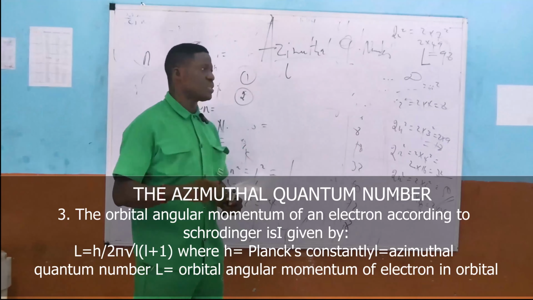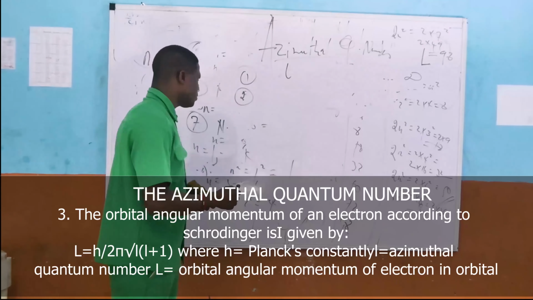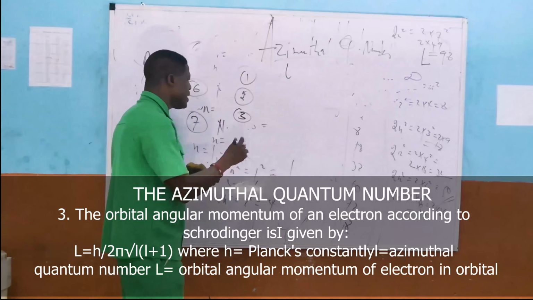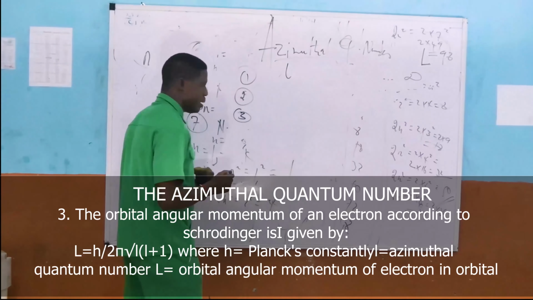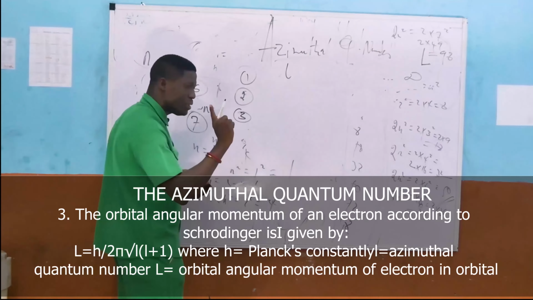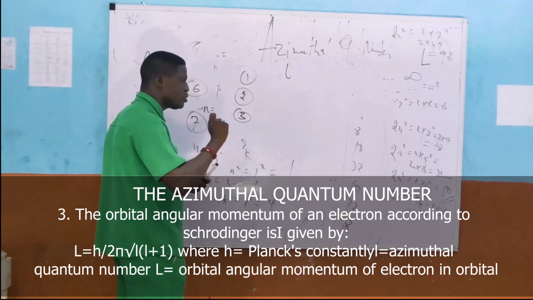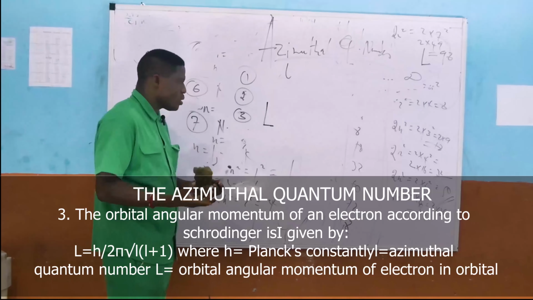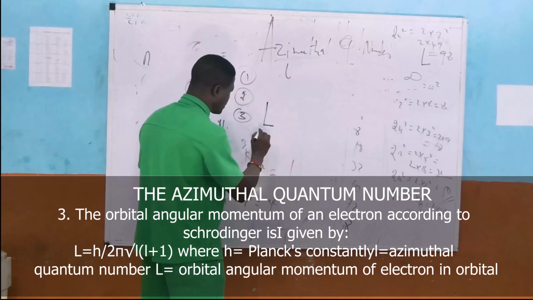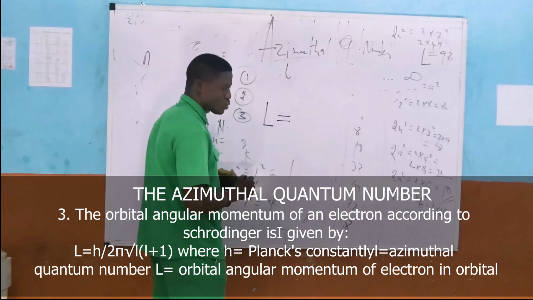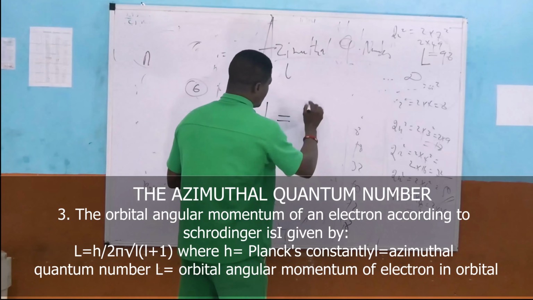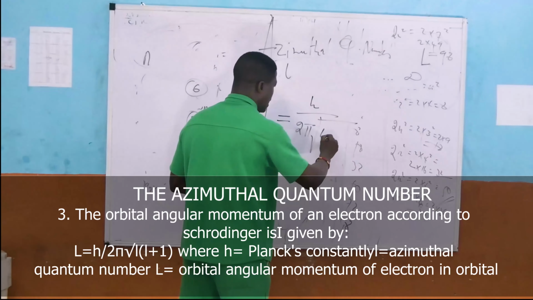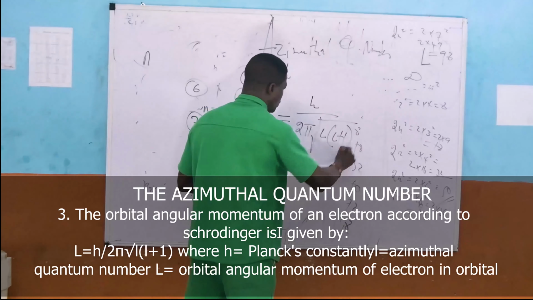Mark that, have it at the back of your mind. Number 3, the orbital angular momentum. According to Schrödinger, it is denoted with a capital letter L and can be obtained mathematically as L equals h over 2π, times the square root of l(l+1).